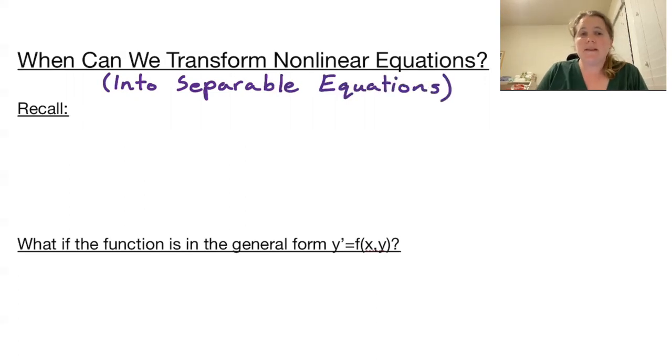So recall in the last video, we could transform Bernoulli's equation using the same y1 as we used for non-homogeneous linear.